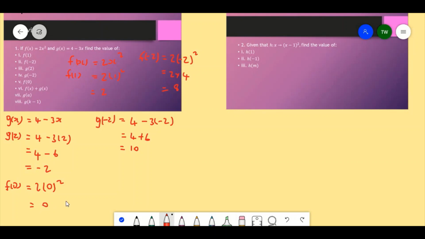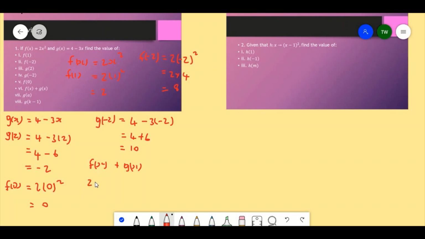Now we're asked to find f of x plus g of x. Now we know that f of x is just equal to 2x squared.